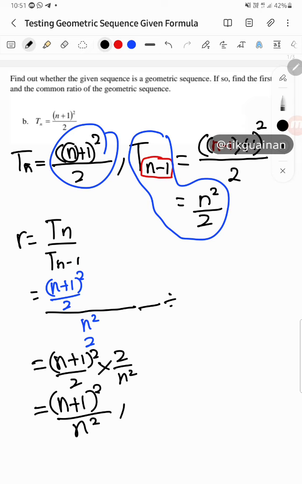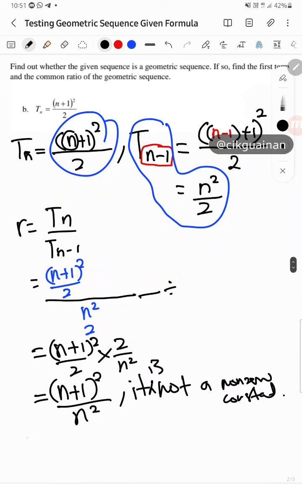So over here also you get R in terms of n. So the value of R will change when n is changing. So it is not a non-zero constant. For this one you can copy paste.